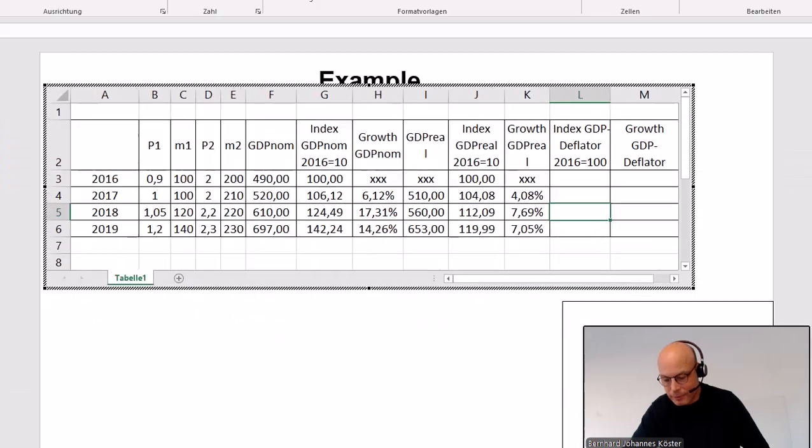Although this is a really simple calculation, I write it explicitly down here: index 100 of nominal GDP divided by the index of real GDP times formally 100, and of course then we end up with 100.